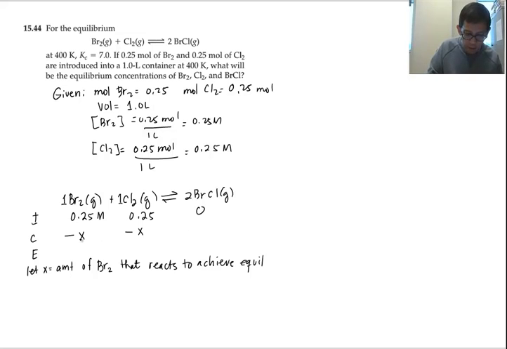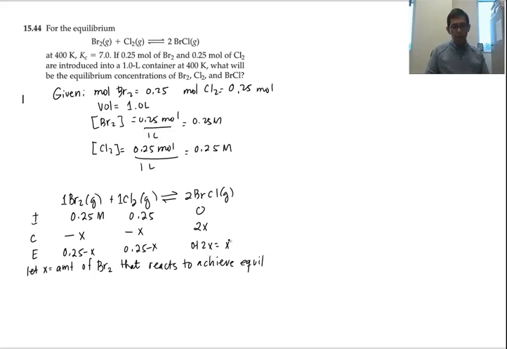So if x is the amount of bromine consumed, then 2x is the amount of BrCl produced. So the equilibrium for the reactant side is initial minus change, and for the product side it is initial plus change, 0 plus 2x.